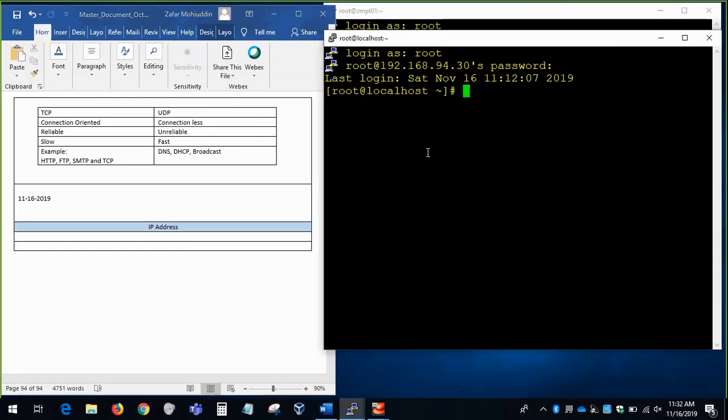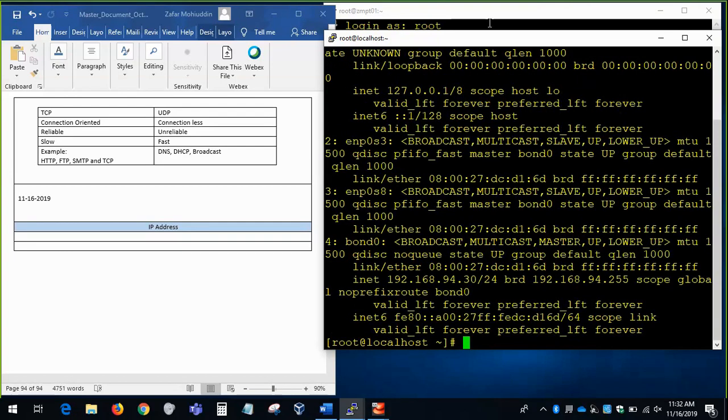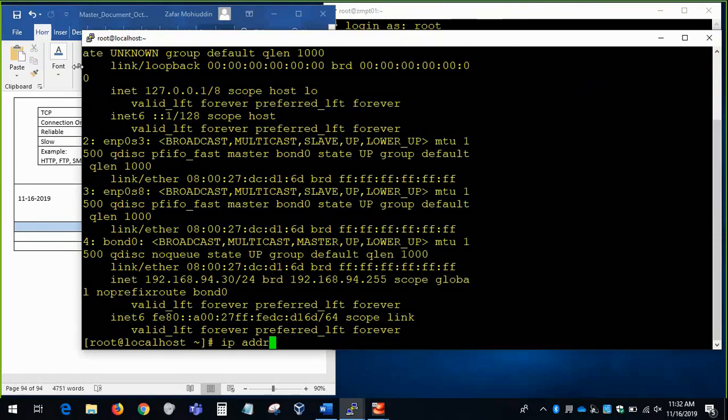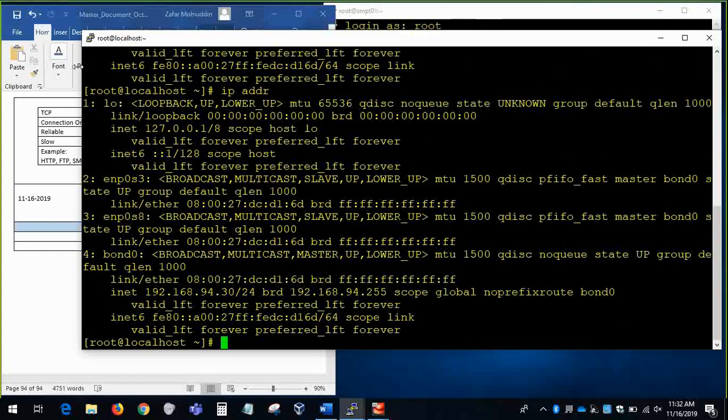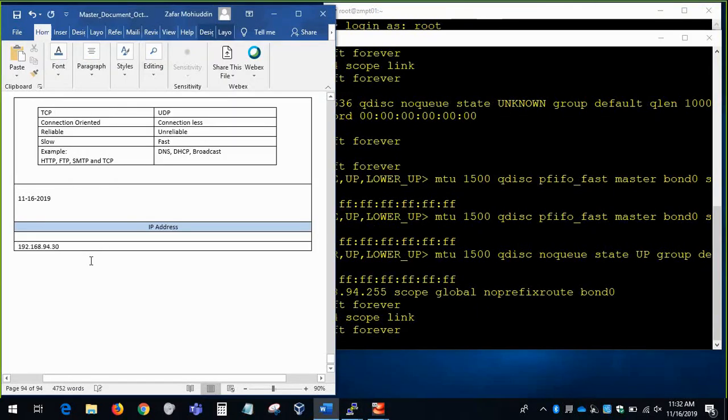When we run ifconfig or ip addr, what you're looking at here is 192.168.94.30, which is the IP address.